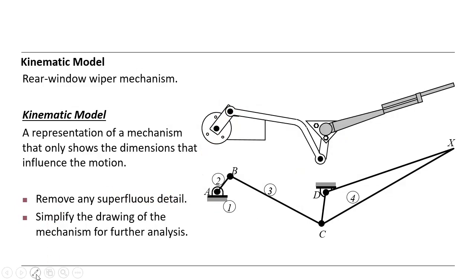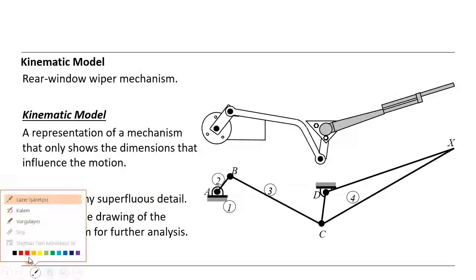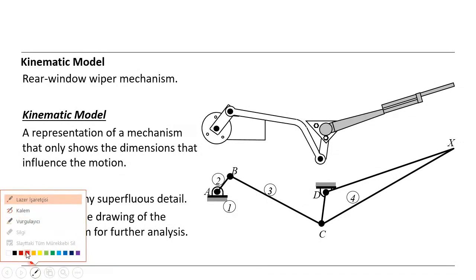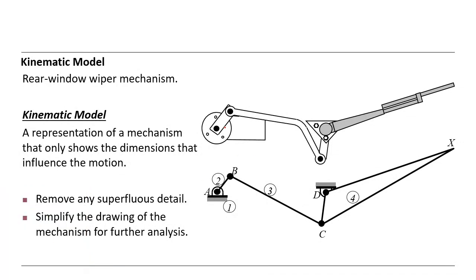This is, let's use another color, like a red one. Okay. So this part here, you see, the red one is this one, AB.